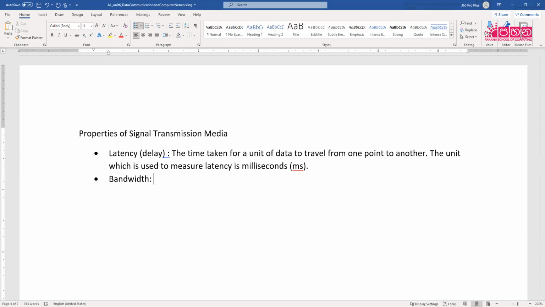Bandwidth is, we can say, a range of frequencies.